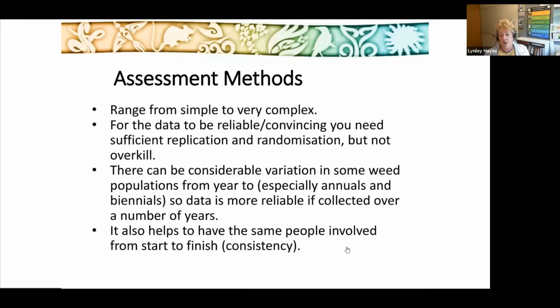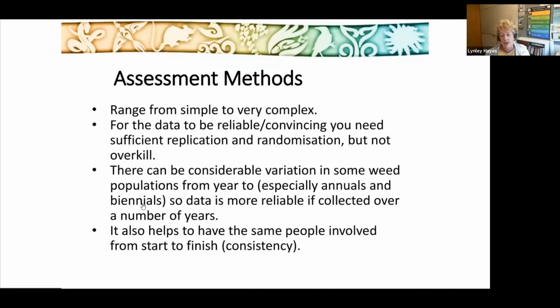So while the more data we have, the better, the more randomly it's collected. Overkill, we can collect too much, and we're wasting time and effort by collecting more than we need, and that's a waste of resources. We need to be mindful that some weeds change anyway, just from year to year, particularly if you have plants what we call annuals, ones that only live for 1 year, or biennials that only live for 2 years.